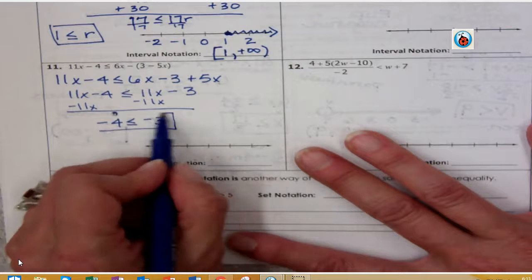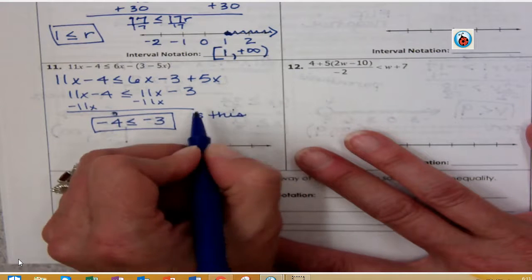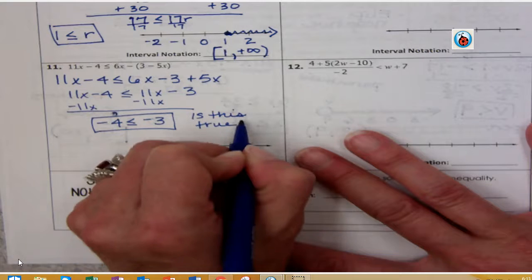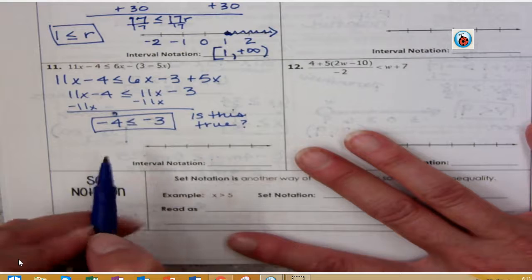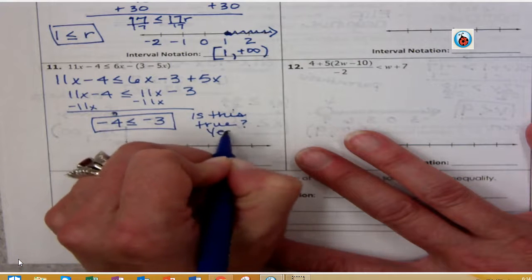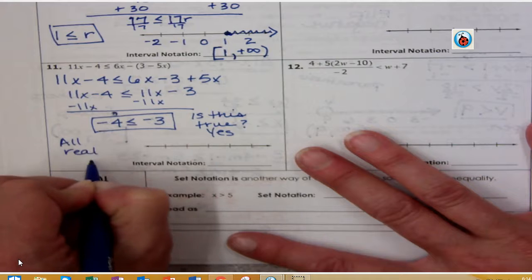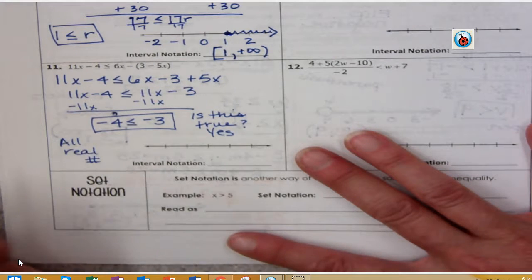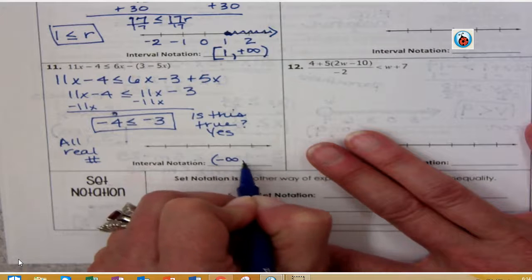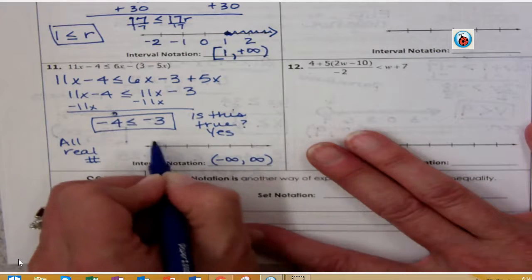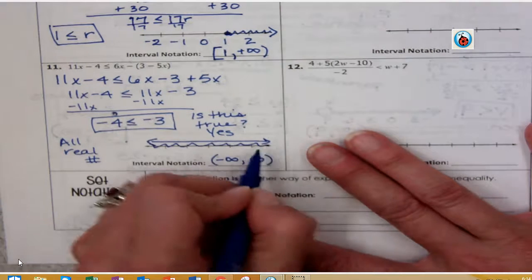So the question is, is this true? Is negative 4 less than or equal to negative 3? Yes. So it's all real numbers. So your interval notation is negative infinity to positive infinity, and your number line is basically 100% covered.